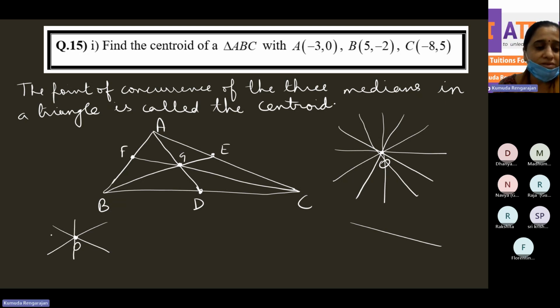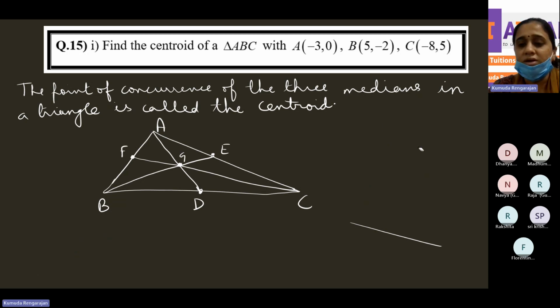When more than two lines pass through the same point, it's called the point of concurrence. That's why we don't say G is the point of intersection, G is the point of concurrence. Okay, so AD, BE, and CF are the medians of the triangle, and they pass through the same point, the point of concurrency, also known as the centroid of the triangle.